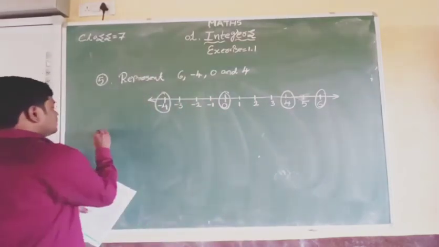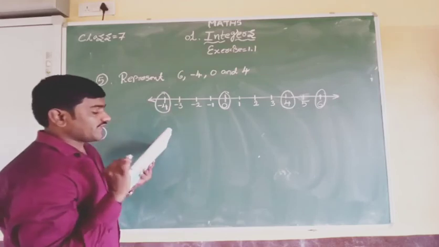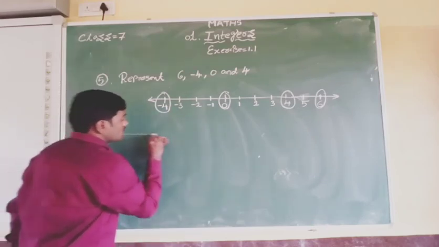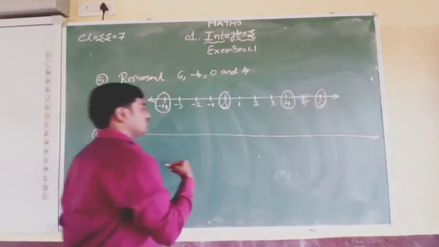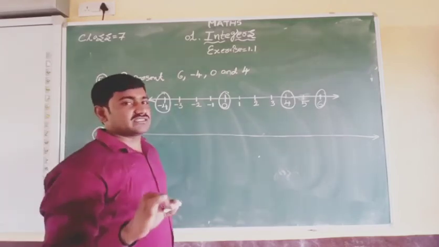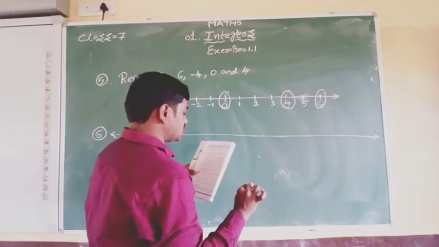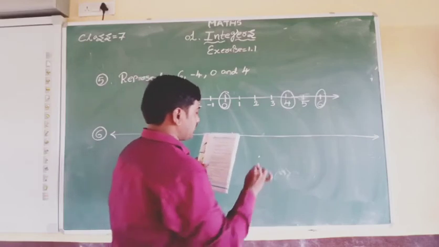The sixth question is given based on the same idea again. They have given a number line. Actually we have to write the missing numbers in the number line. Always this kind of representation we have to do with a pencil only. We should not draw with a pen. Always the representations in maths should be done with a pencil.